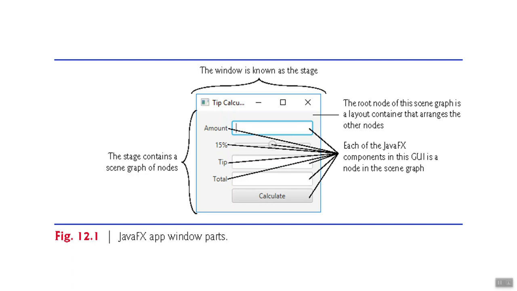controls or widgets, where node is a more generic term that refers to anything visual on the screen. Controls are a little more specific, and we use that term when we're talking about the labels here that label our fields, the input fields, which are actually called text fields, and the slider.